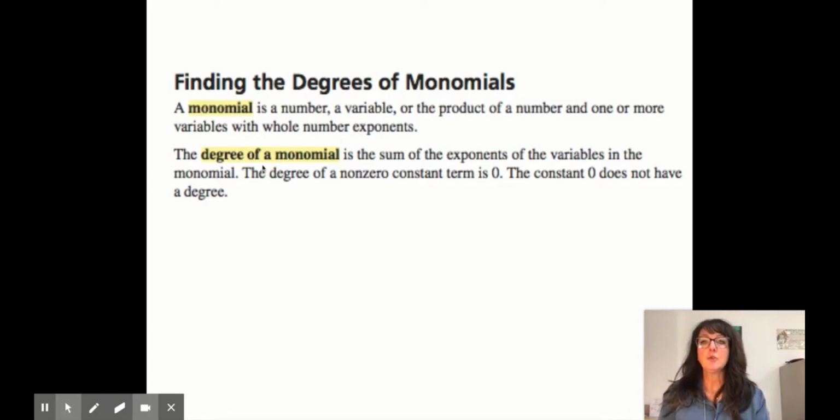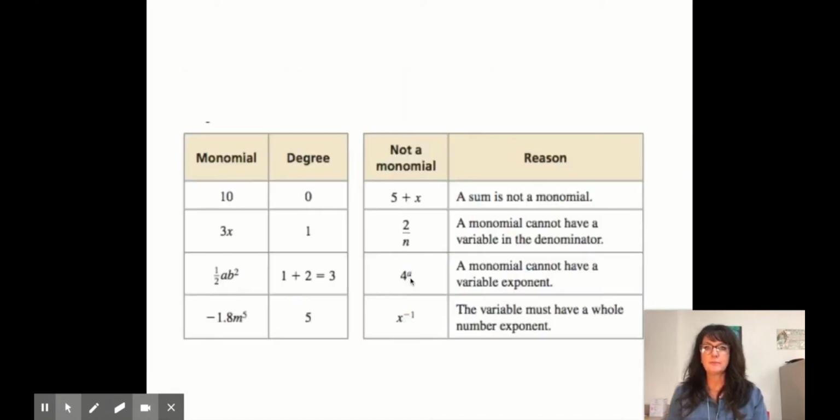So when we're talking about the degree of a monomial, it's the sum of the exponents of the variables in the monomial, all right? So the degree of a non-zero constant is 0, and the constant 0 does not have a degree. We'll talk about this more as we lead into it, but these are just the definitions, and you can find this information on page 207 in your student journal.